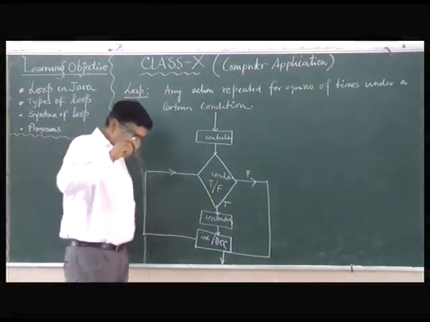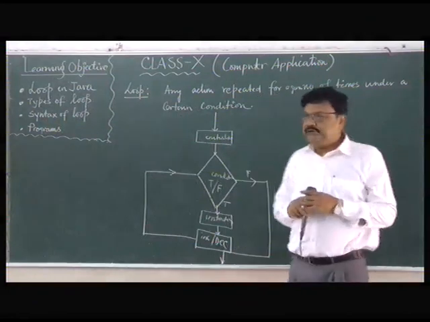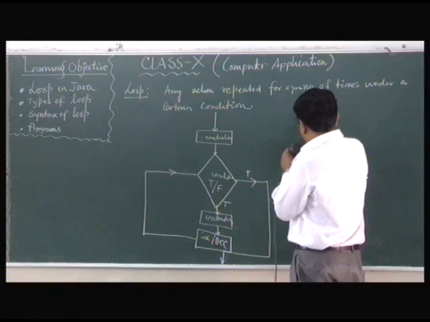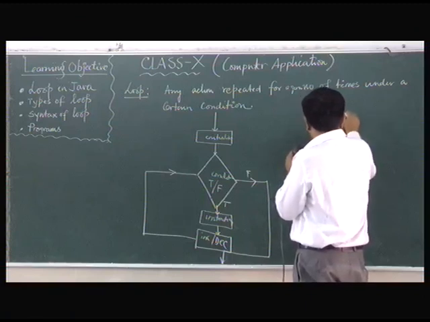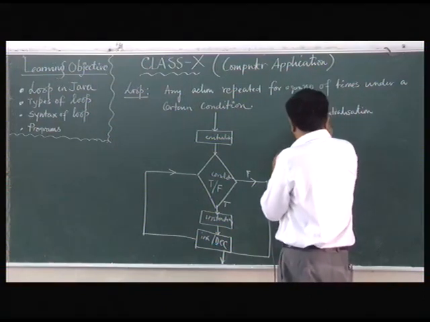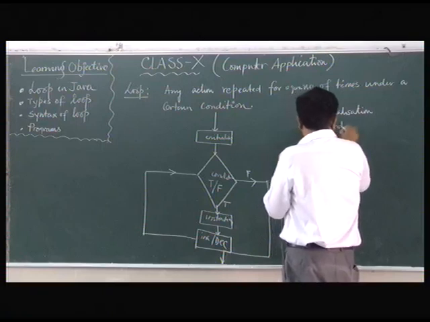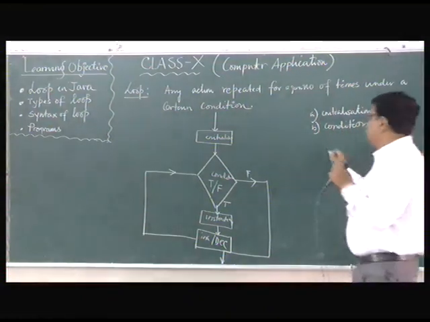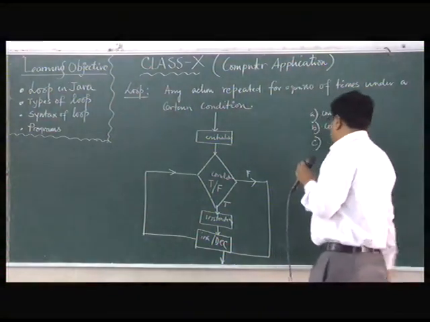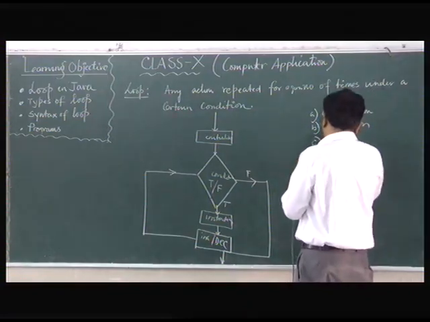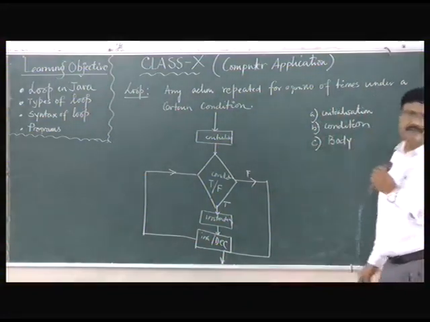Now every loop must have 4 points. The first is the initialization. The second is the condition. The third is the body of the loop, meaning the instructions content, which it enters after the condition.